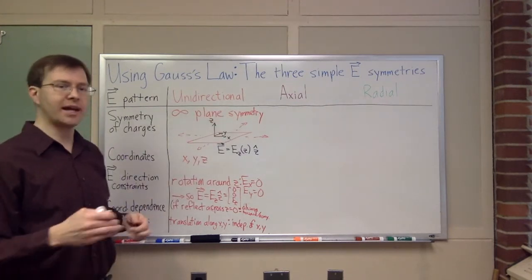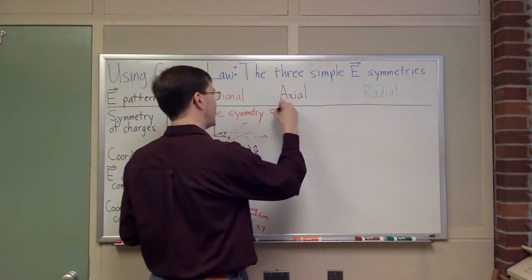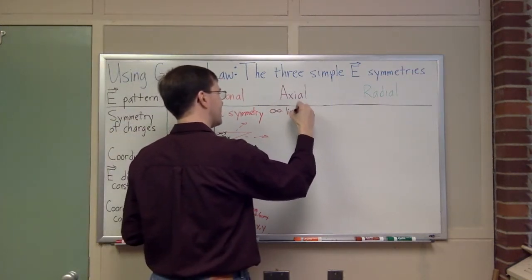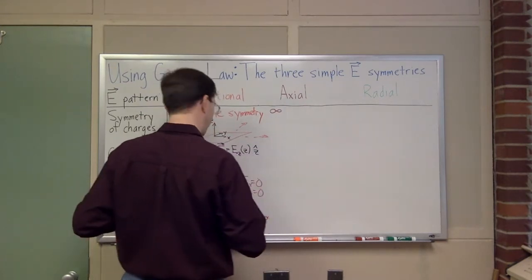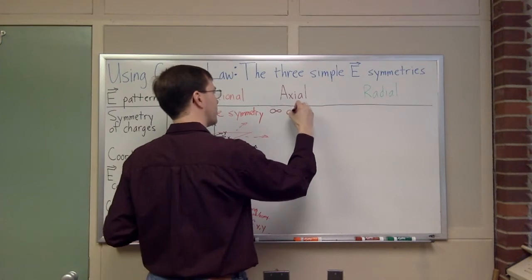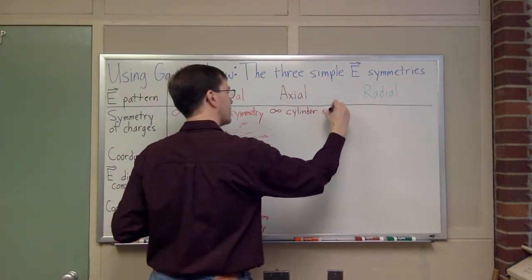The axial field case corresponds to what's called an infinite line, or maybe I should be more general, let's call it infinite cylinder symmetry.